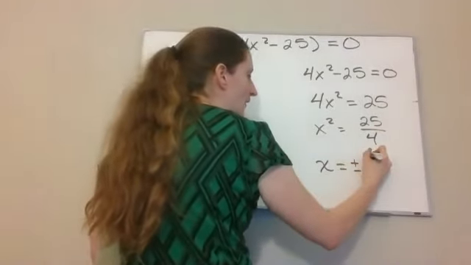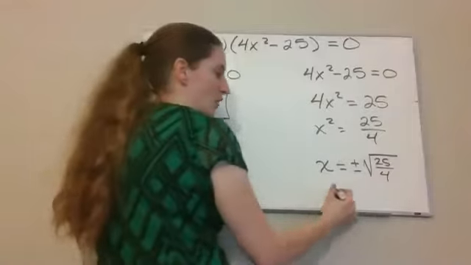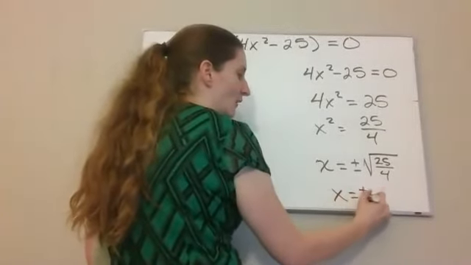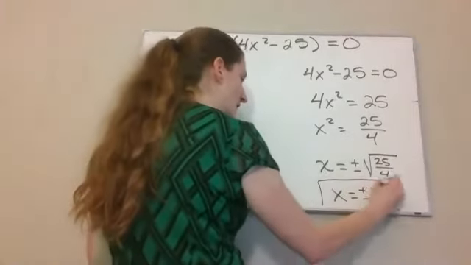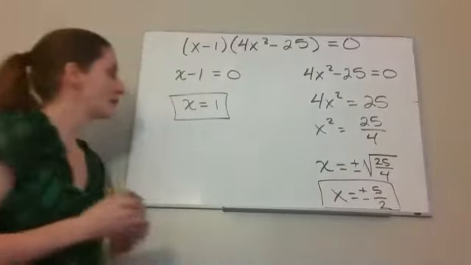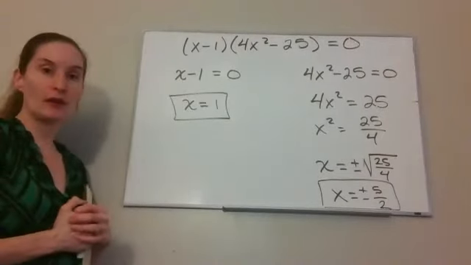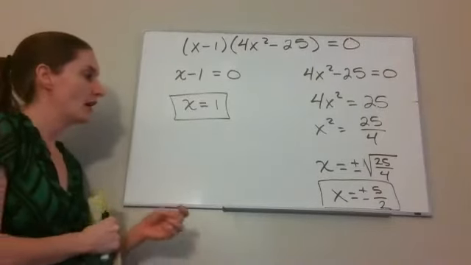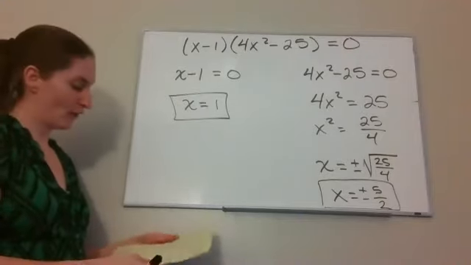So I get plus or minus the square root of 25 over 4, which simplifies to plus or minus 5 over 2. So this particular polynomial function had 3 zeros. x equals 1, x equals positive 5 over 2, and x equals negative 5 over 2.